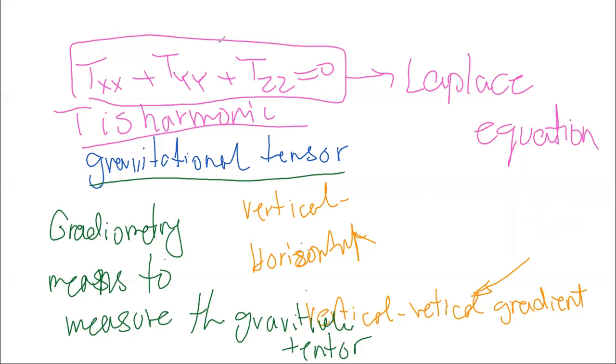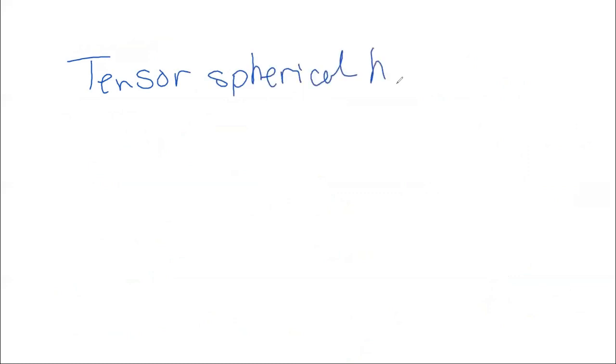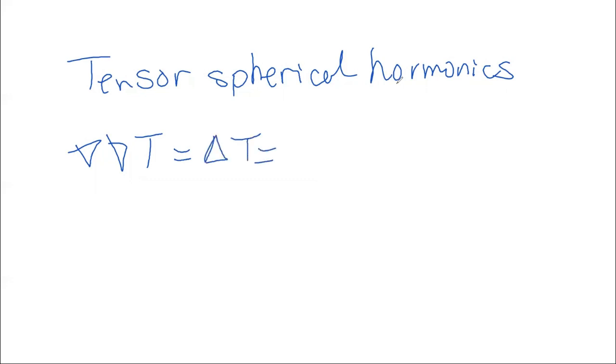So now I define another type of spherical harmonics, which are called tensor spherical harmonics. If I have the gradient of the potential and take the gradient of that again, I will come to this equation, the Laplace equation.